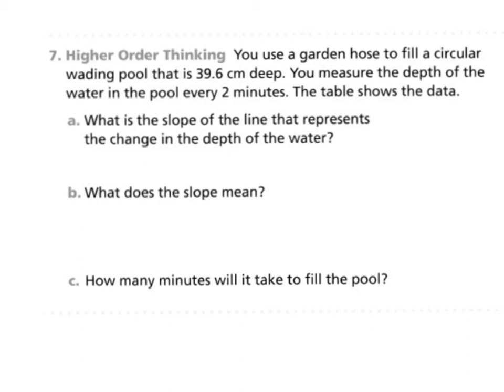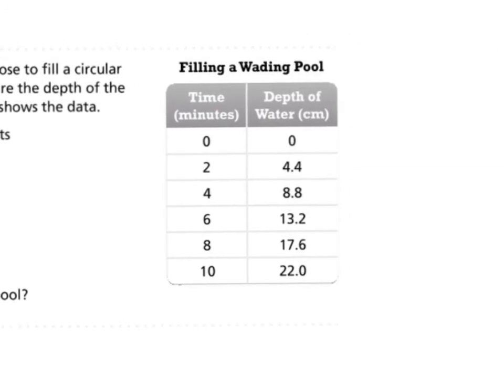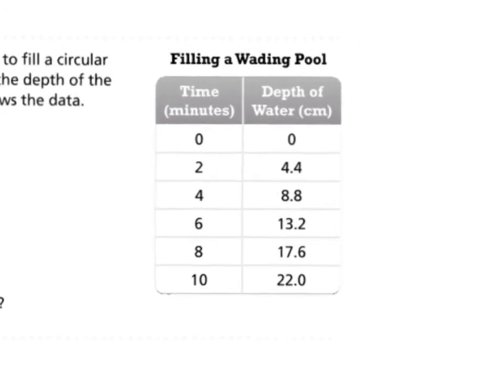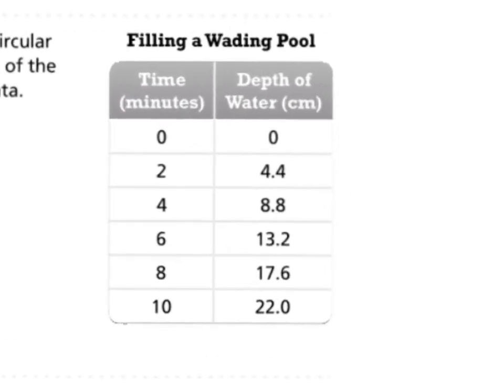So they're actually having us do something with our slope in this case, instead of just saying what it is. With this, we actually have 6 points that are given to us. That's just more information than what we need. We know that we only need 2 points, so you can pick whatever 2 points you'd like.